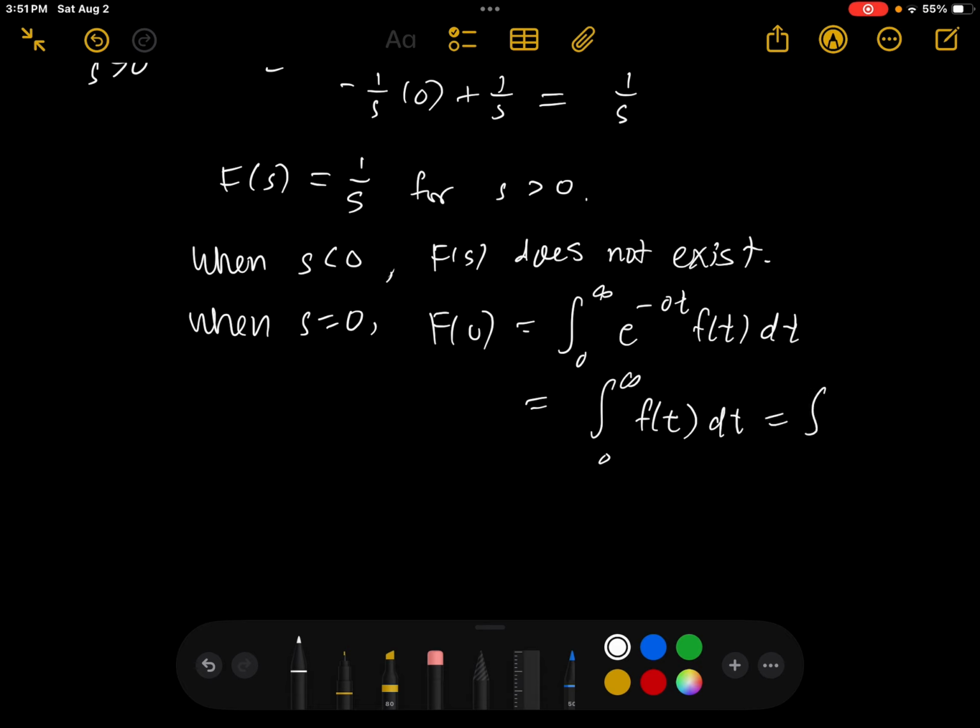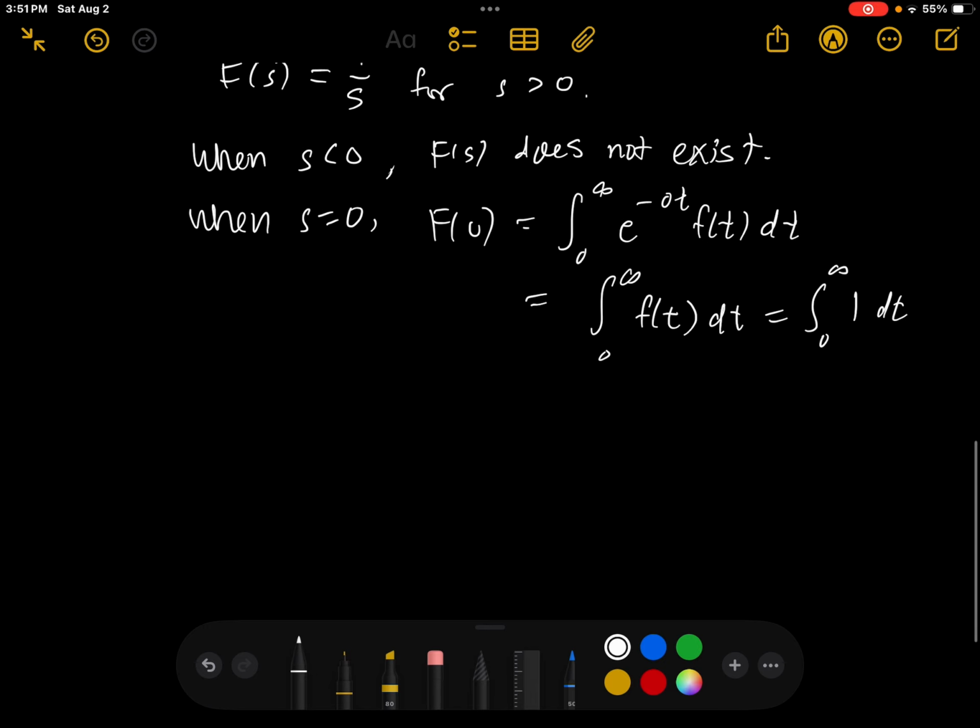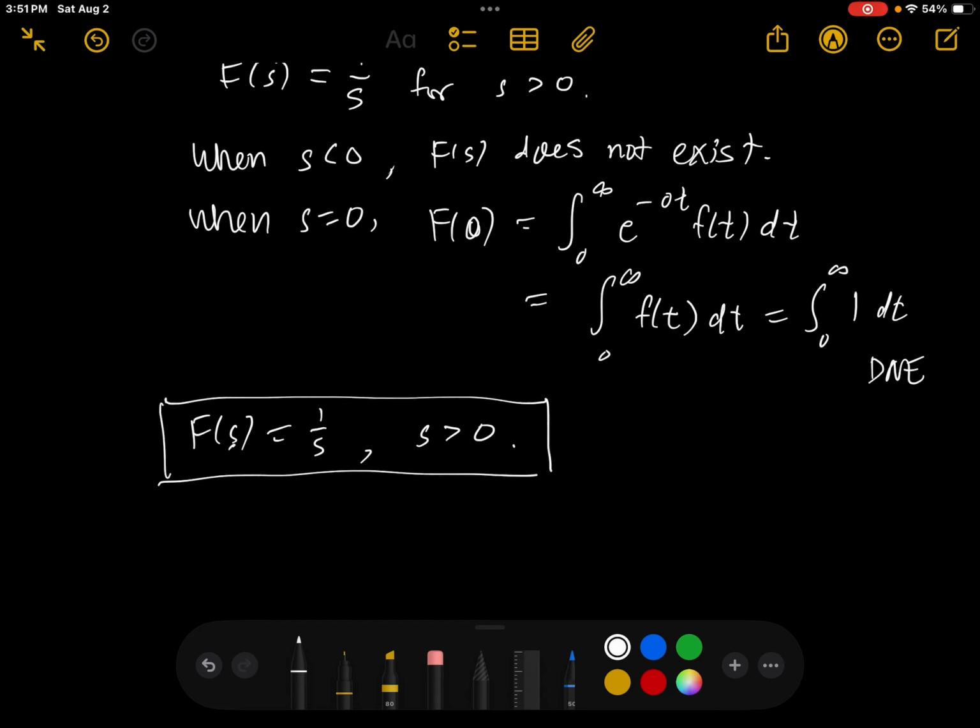Well, f of t is 1, right? Now, what's the integral from 0 to infinity of 1? It doesn't exist. I mean, it would be infinite. So F of 0 does not exist. And so what's going on is your function is F of s equals 1 over s, where the domain is s greater than 0. That's the Laplace transform of little f of t equals 1.